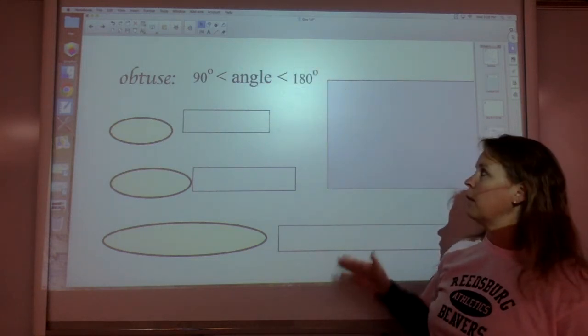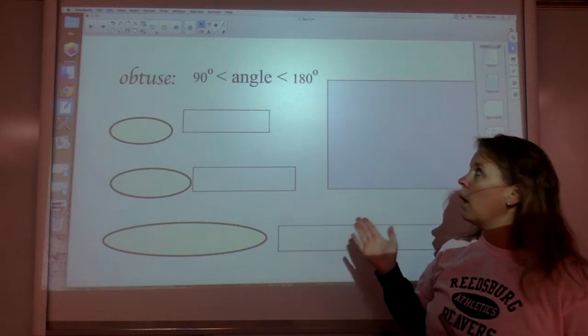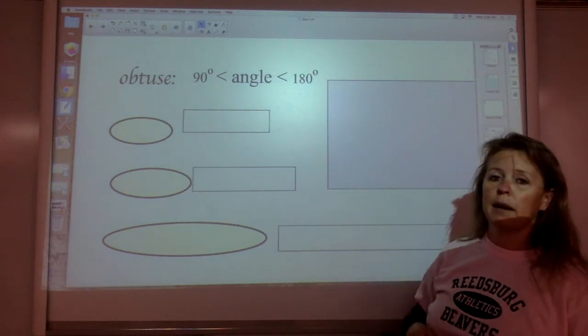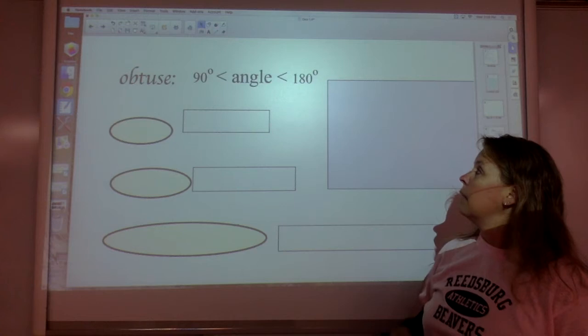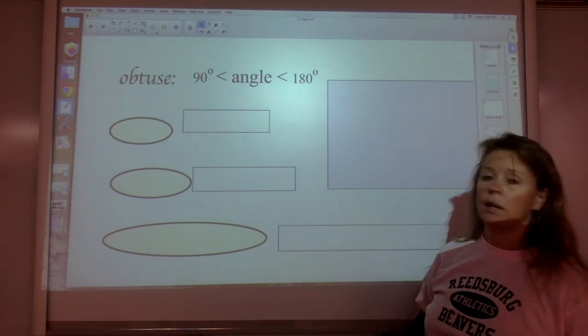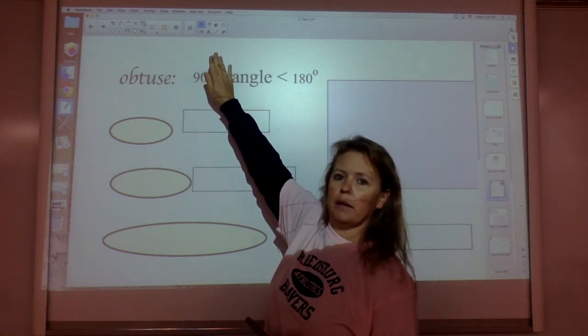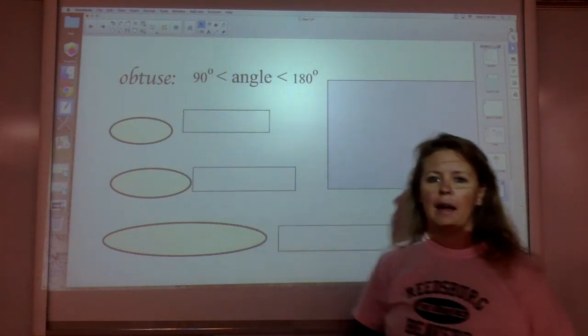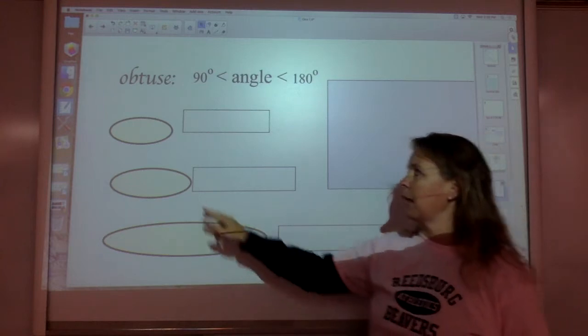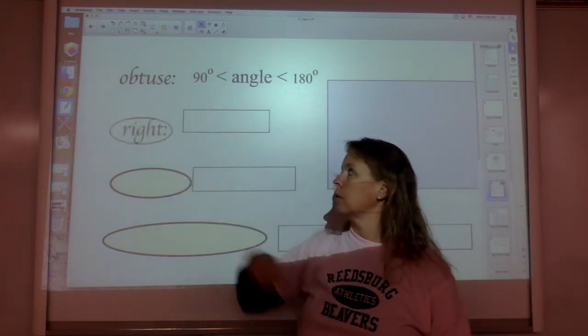So anything from 90.0001 to 179.9999999, you get the point. Anything between 90 and 180 degrees is an obtuse angle. If you only tell me half of it, you're not getting it right. You were only told half-truths in your previous math career because you weren't ready for the whole truth.